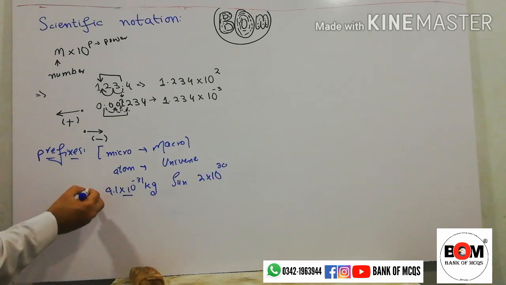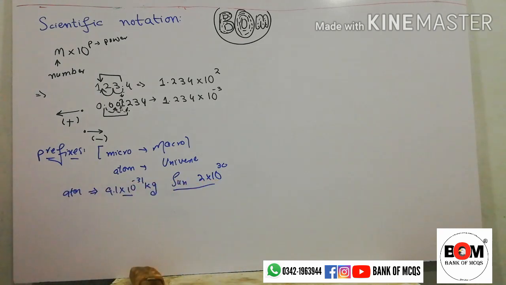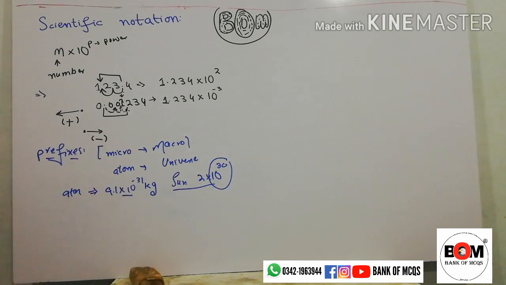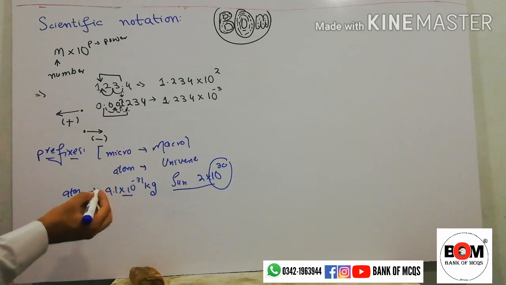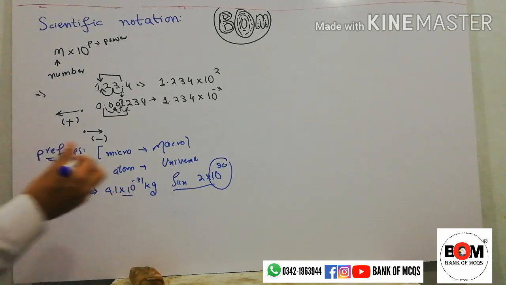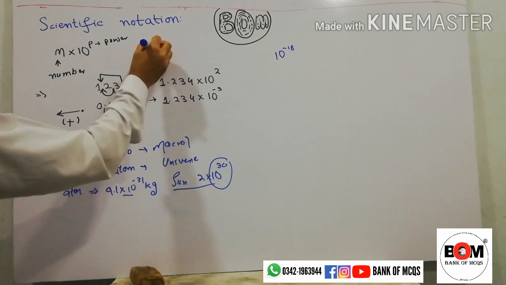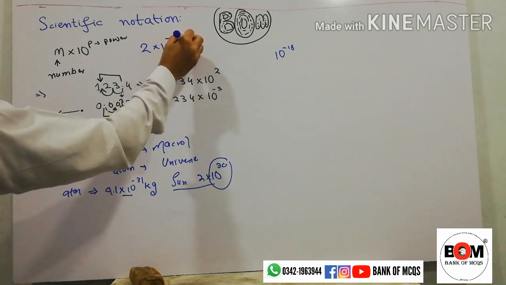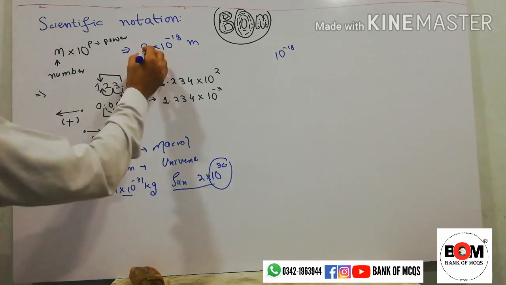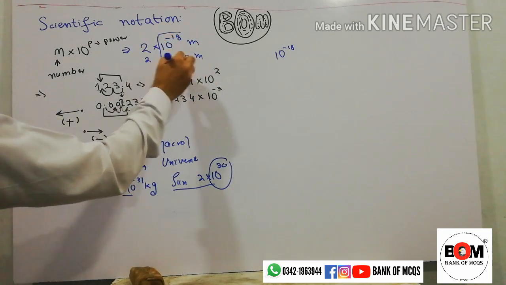So on one side we deal with the mass of an atom, while on the other side we deal with the mass of the sun. To avoid repeating powers like 10 to the power 30 or 10 to the power 20, we use a special name instead. For example, if we have 2 multiplied by 10 raised to the power minus 18 meter as a length, instead of 10 raised to the power minus 18, we will call it 2 attometer.